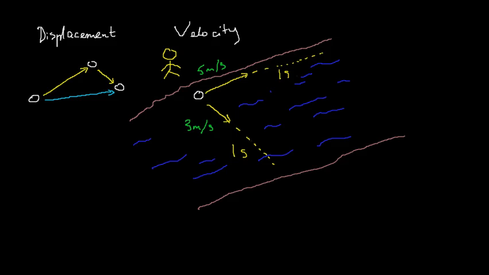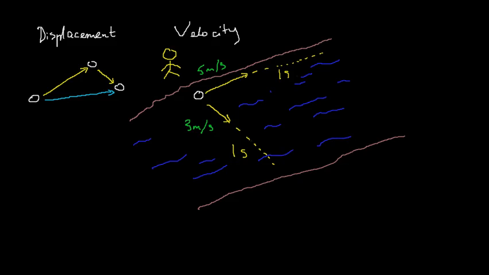But what if we now have both the river flowing and the boy throwing the ball in the river? Well, after 1 second, the ball would move in this direction, the direction of throw, and it would also be pulled along the river in the other direction by 5 meters. So it's as if there's a combination of travel after 1 second of this distance, maybe 3 meters, and this distance by 5 meters.